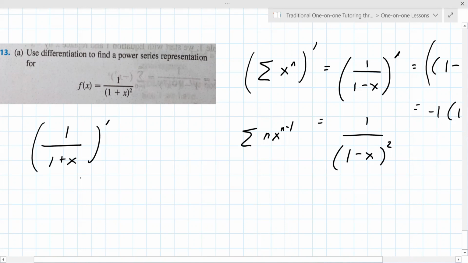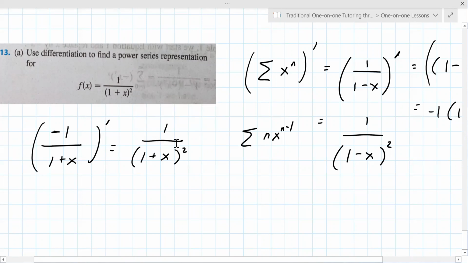Its derivative is 1 over (1 plus x) squared, but there's actually a negative here. So if you want to make it positive, you have to put a negative here. If you don't believe me, you can work through that, but that's how it works.